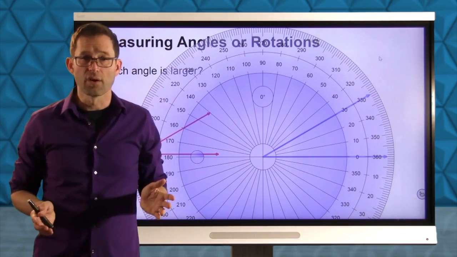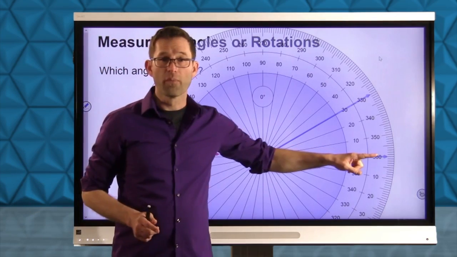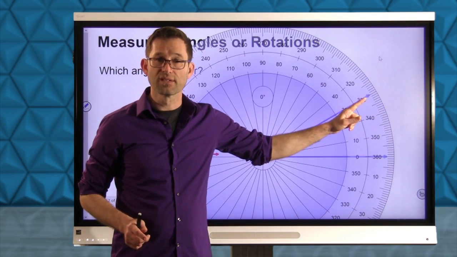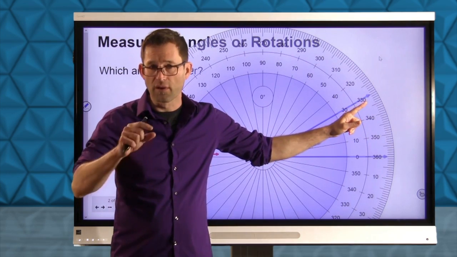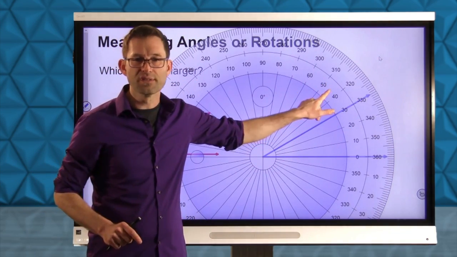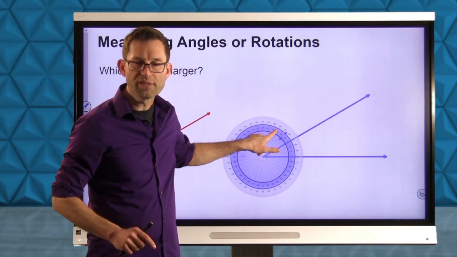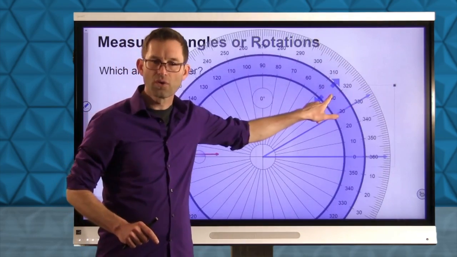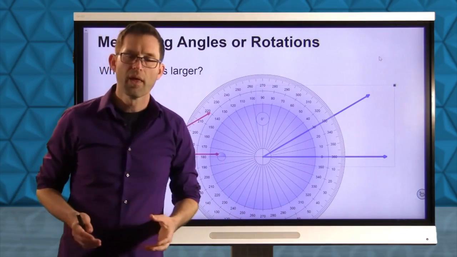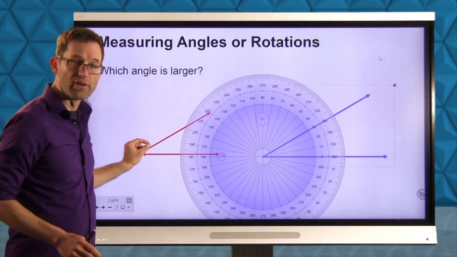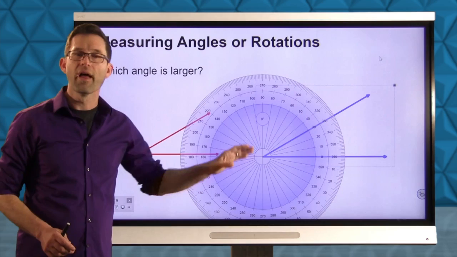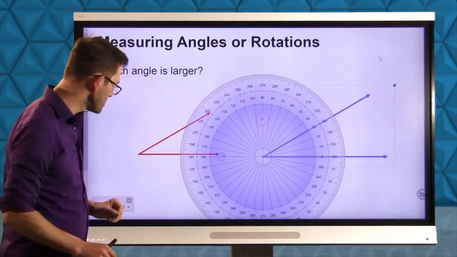And now we're just asking ourselves, as we move from this ray up to this ray, how many of those 360 notches or little distances have we gone? We're not bothered by whether the circle is this large or this large, because all circles are what are called similar. And so, whether the angle is very tiny or very large, the actual measure of the angle ends up being the same in both cases.